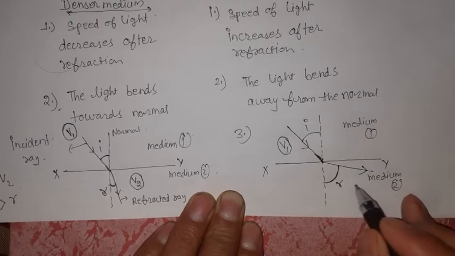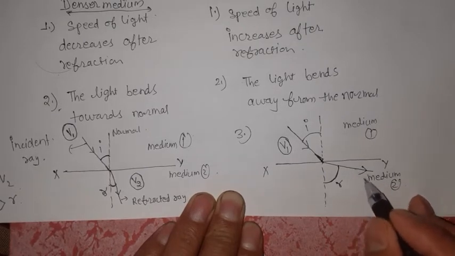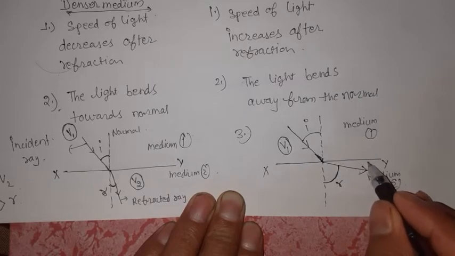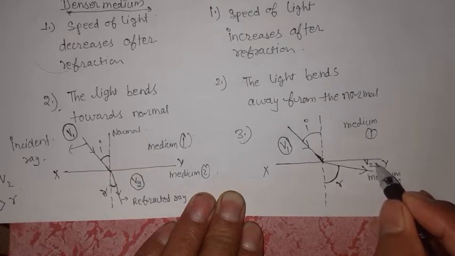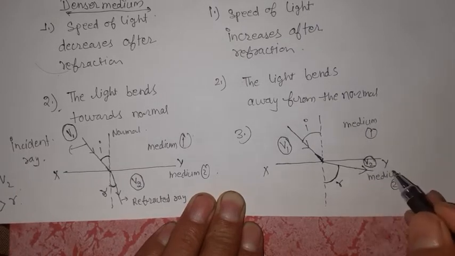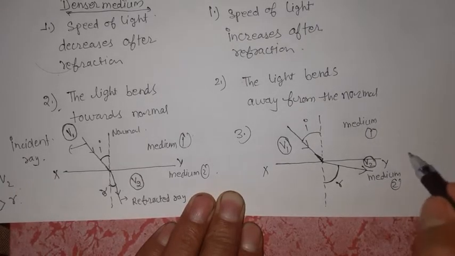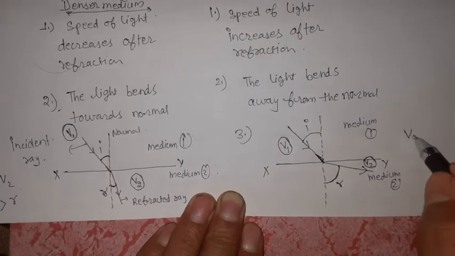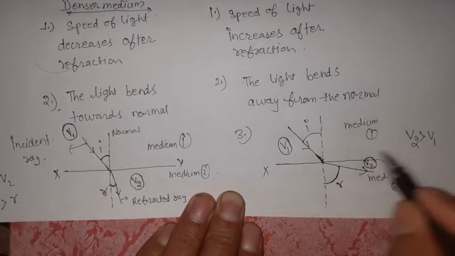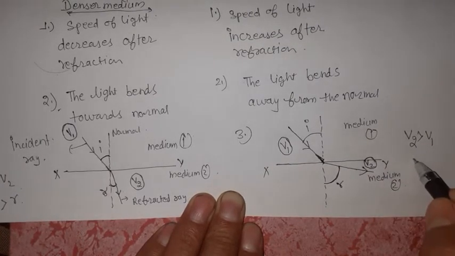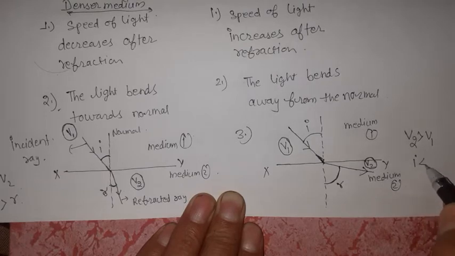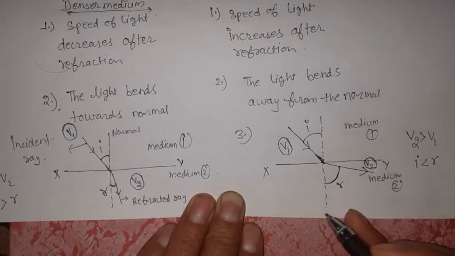The speed in the second medium is v2. Which speed is greater? v2 is greater than v1. And which angle is greater? The incidence angle is smaller than the refraction angle.